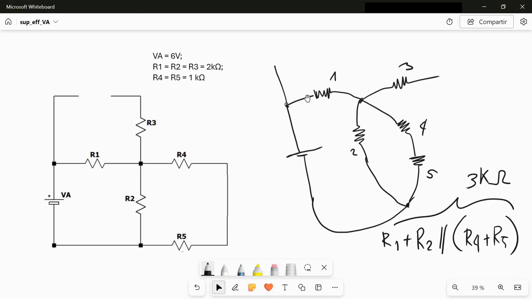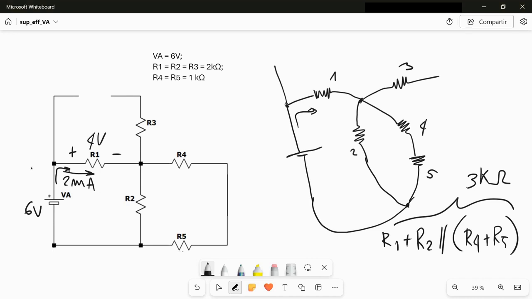So the battery sees a 3 kilo ohm value, and for a battery VA of 6 volt, as my data told me, I will have a current exiting the battery of 6 volt over 3 kilo ohm, so 2 milliampere, in this direction. 2 milliampere on a resistor of 3 kilo ohm gives me 4 volt with this polarity.